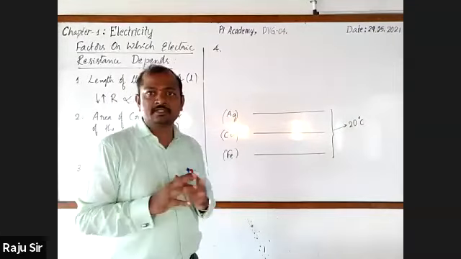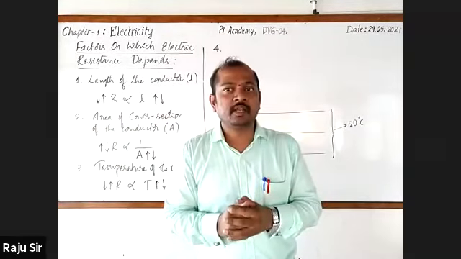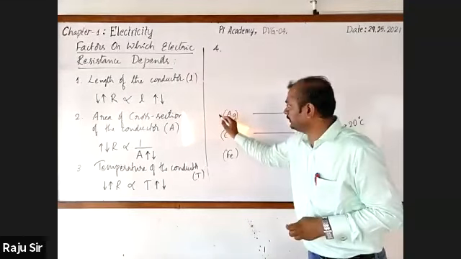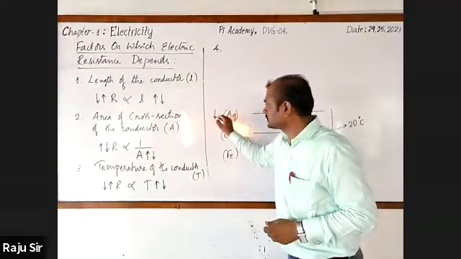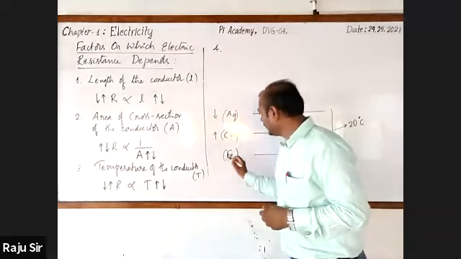Silver. If electrons can flow easily, what will be the electric resistance of that conductor? Low. The electric resistance offered by silver is low, copper is a bit high, whereas iron is highly increased. Understood?